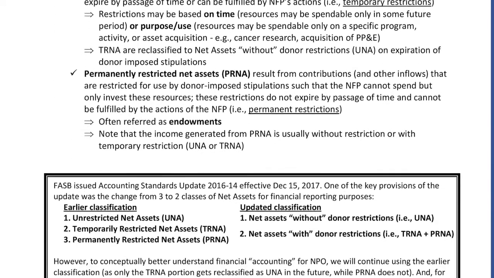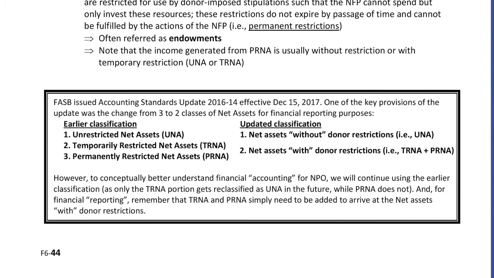So the traditional classification for net assets has been, highlight, UNA, that's unrestricted net assets, highlight TRNA, that's temporarily restricted net assets, and highlight PRNA, which is permanently restricted net assets.